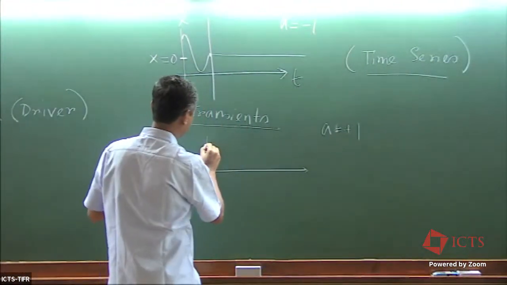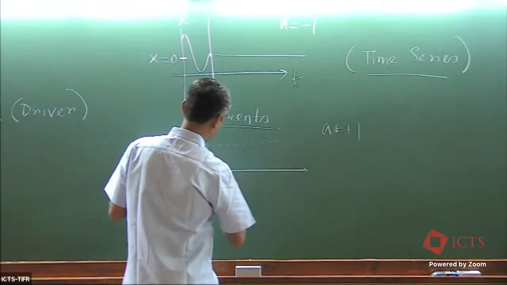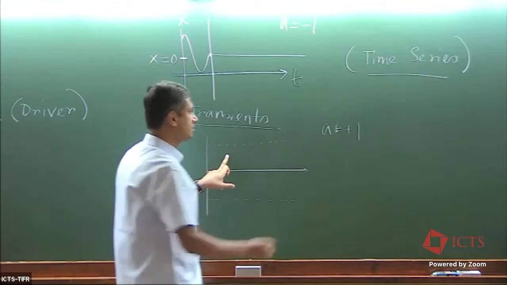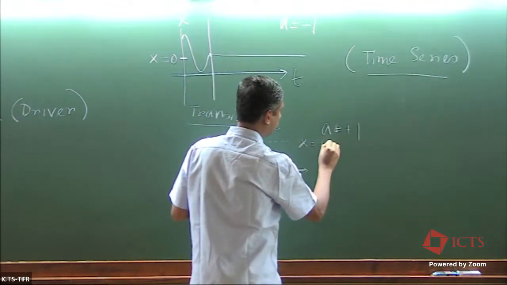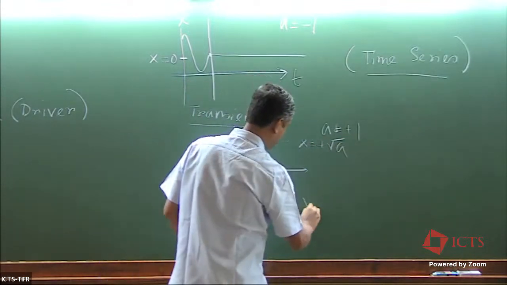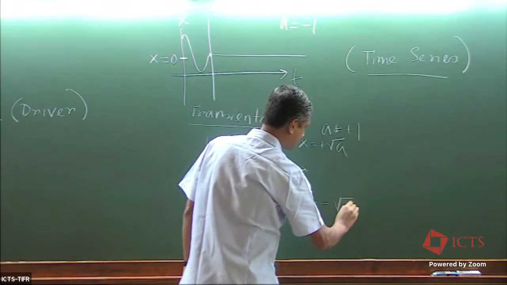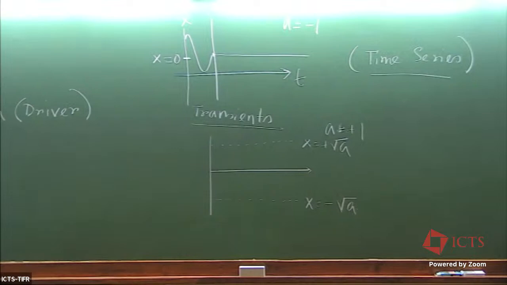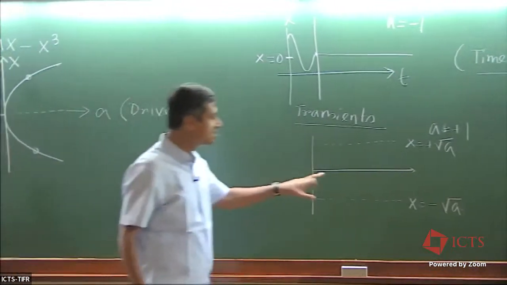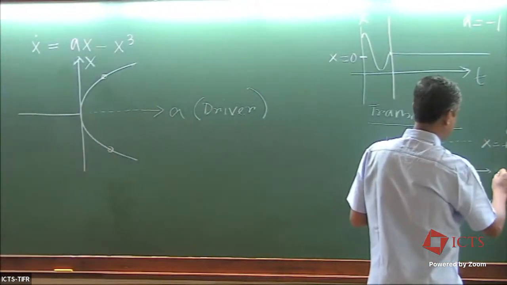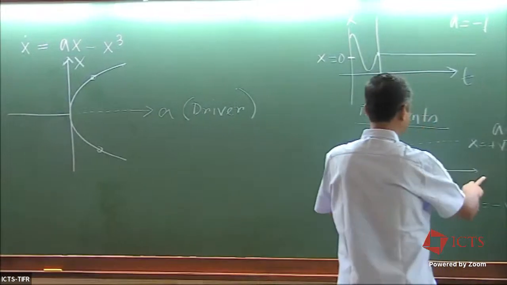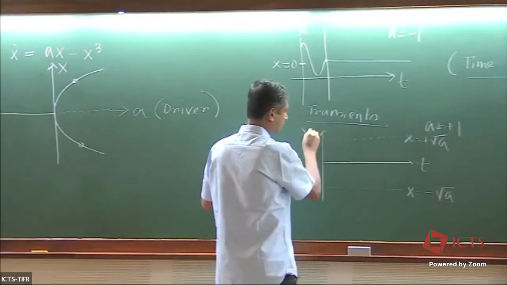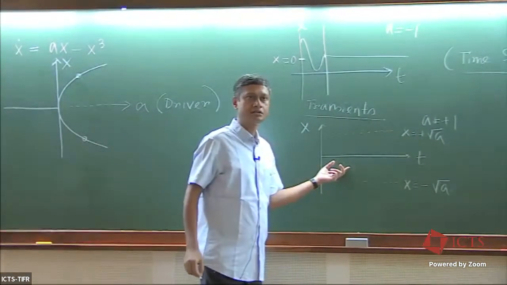Then I have two steady states, x equals plus root A and x equals minus root A, and in between there is the unstable one. So again, this is time and this is x.